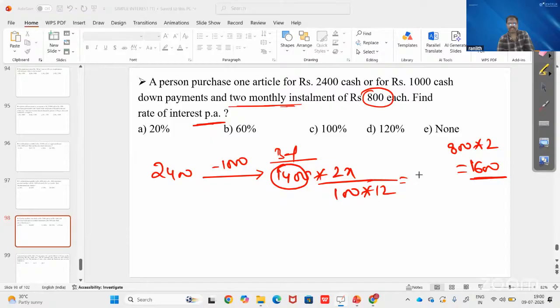So how much extra are we paying? 200 rupees extra. Here the double zero is cancelled.